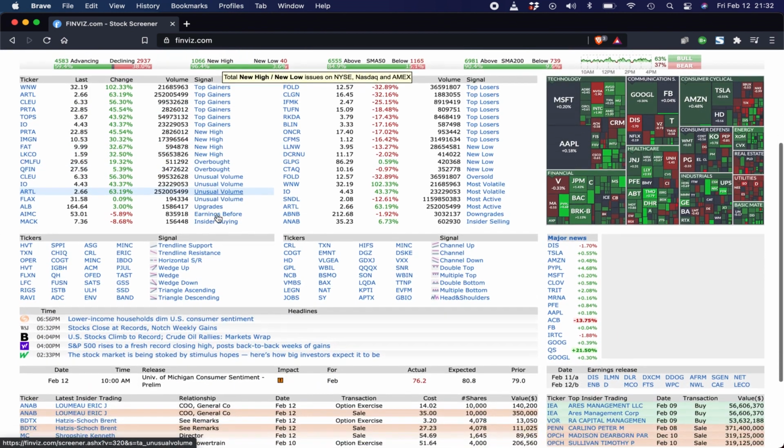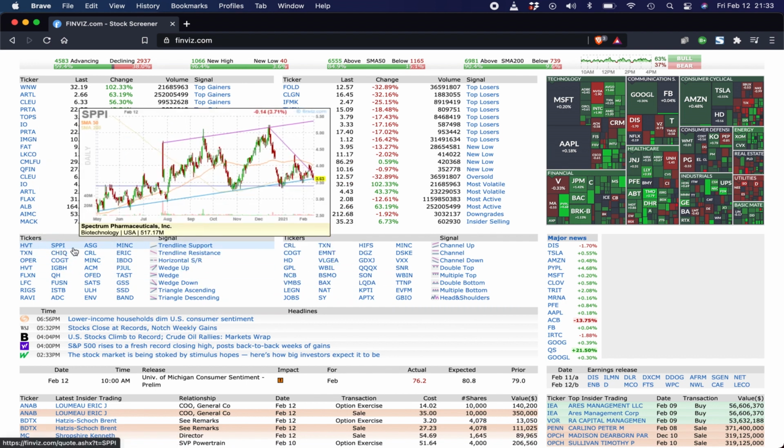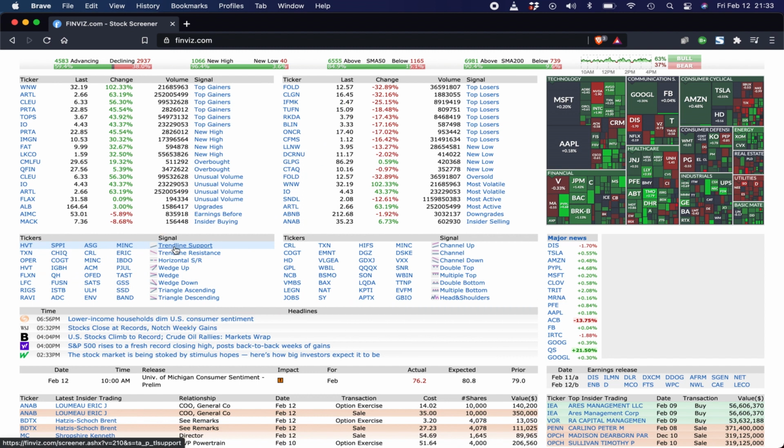Now, once you get into the website, you can see Signal here. You see trend line support, trend line resistance, horizontal support and resistance, and then you see all these tickers associated with those particular signals. Let's say trend line support: these are the stocks with the current price near strong trend line support.